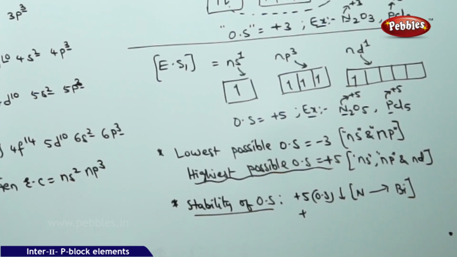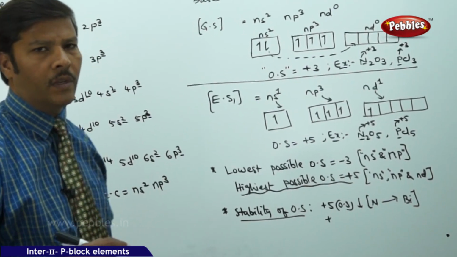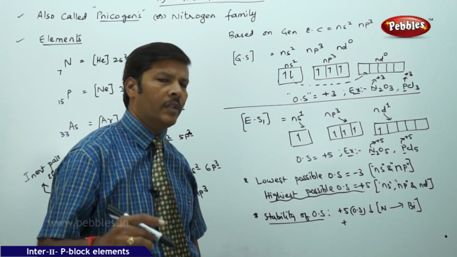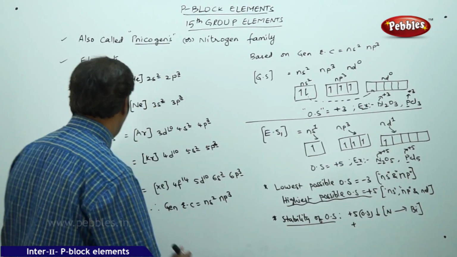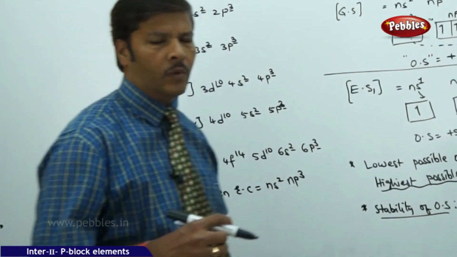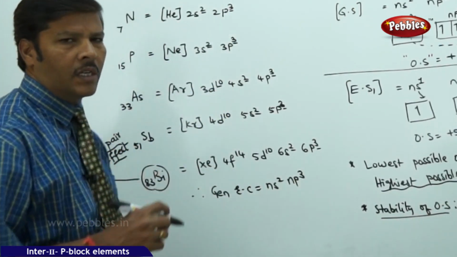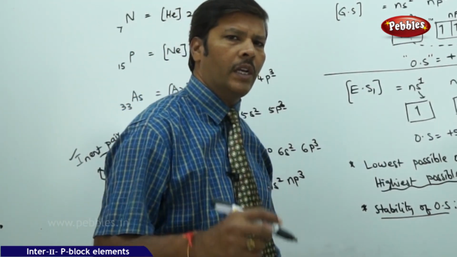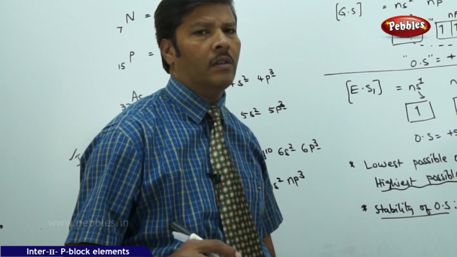So you know what the meaning of inert pair effect is: the reluctance of NS orbital electrons to participate in bond formation can be termed as inert pair effect.